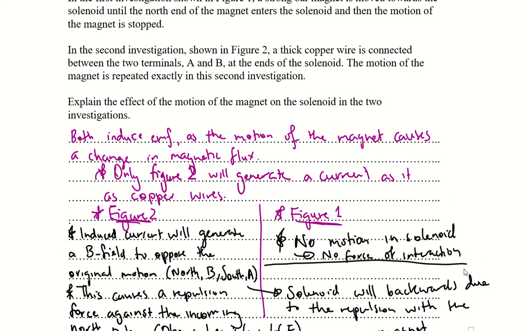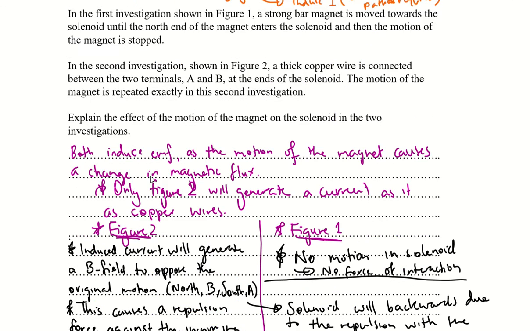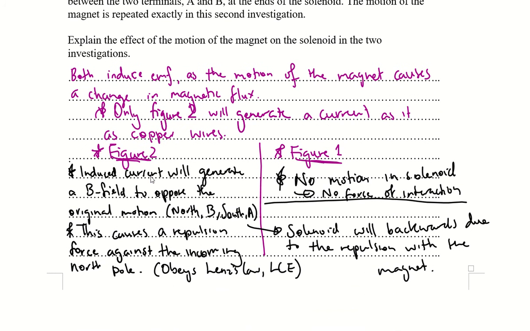You could even try and draw it onto the diagram. So you could say the motion of solenoid will go there, and you can say no motion in the labeling as well. Okay, so that gives an idea of our response.